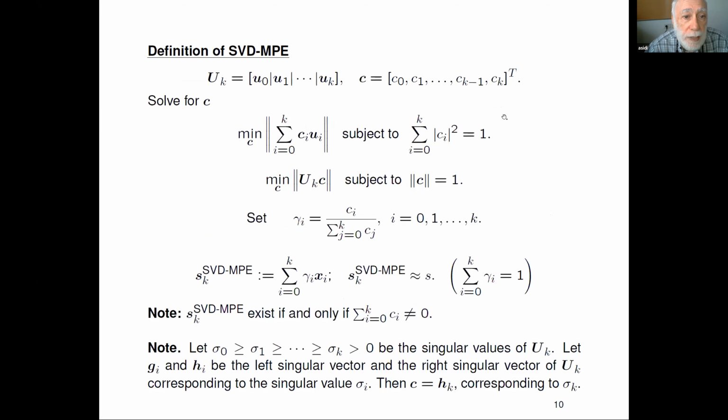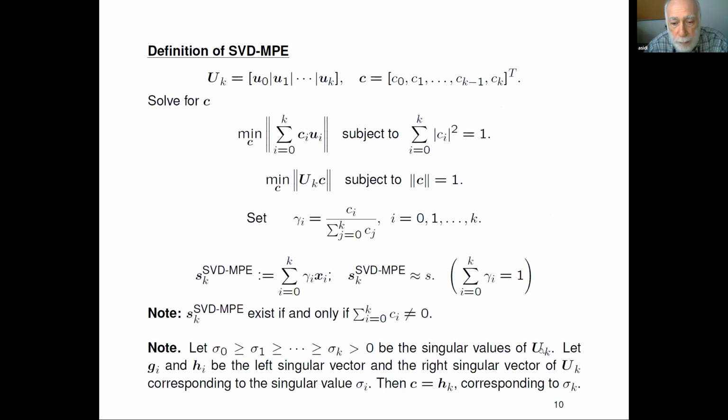And then SVD-MPE. As before, we have a vector c, a k plus 1 dimensional vector. We solve this minimization problem here with this constraint. In matrix form, this is the one. And then once you get your c, you compute the gamma i's like this, and then you form your approximation. Now, what is the c? What is the solution here, c?